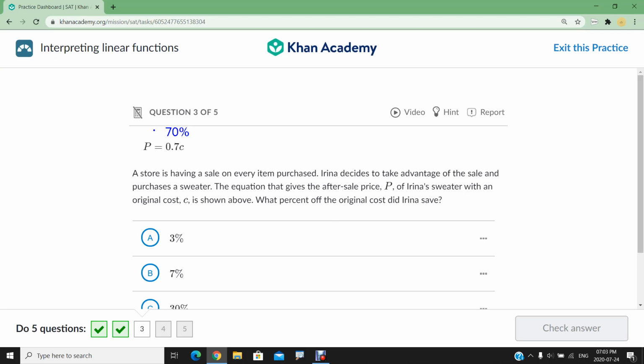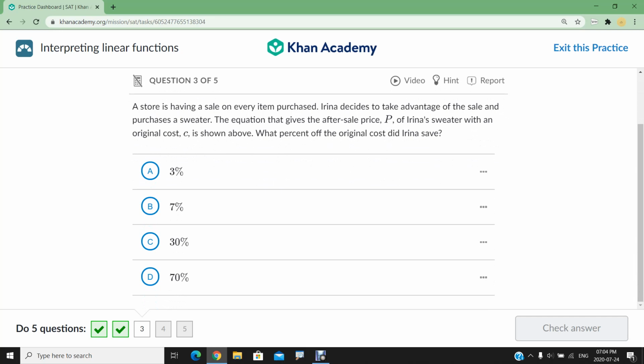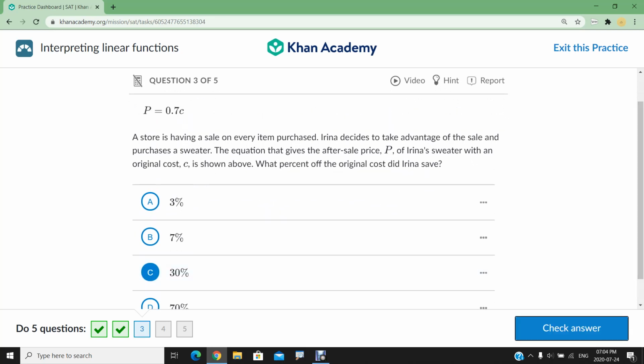She had paid 70%, and you want to get the sale, so simply you subtract 70% from 100%, and you just get 30%. So she didn't pay for this 30% because it was on sale. The sale was 30% off. So let's choose C right there and check that.